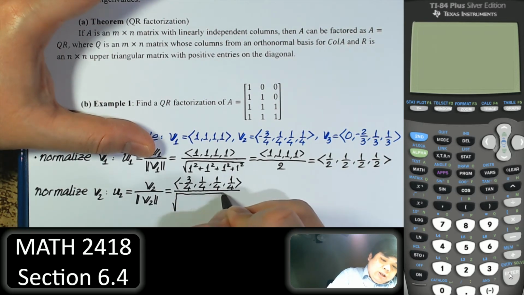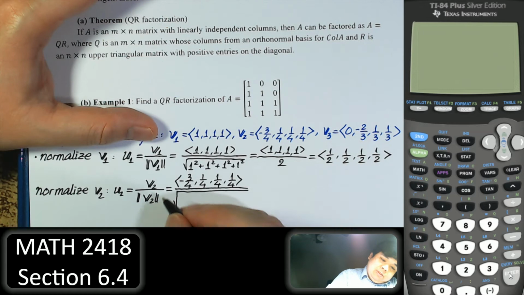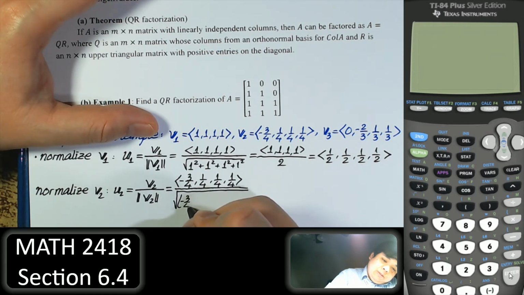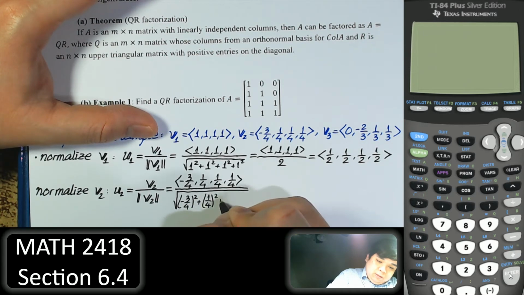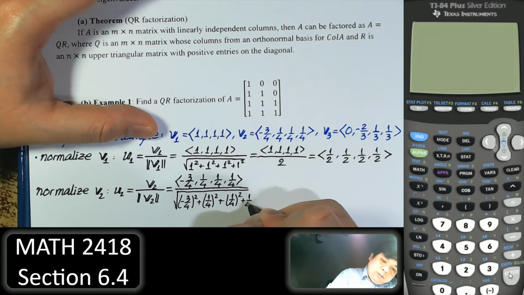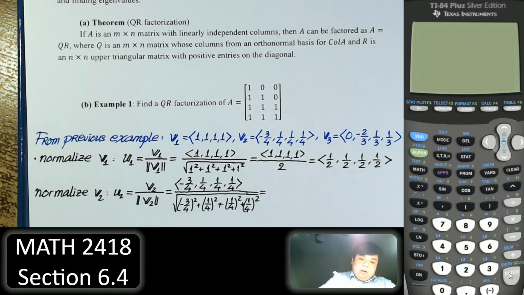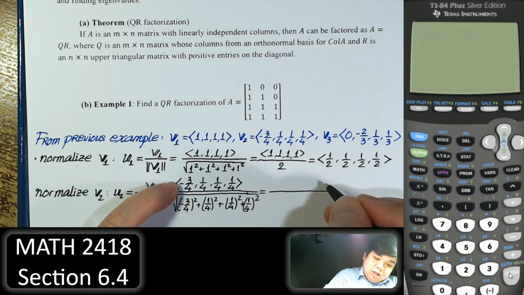Square root of the sum of the squares. Right, so the vector is still just that.